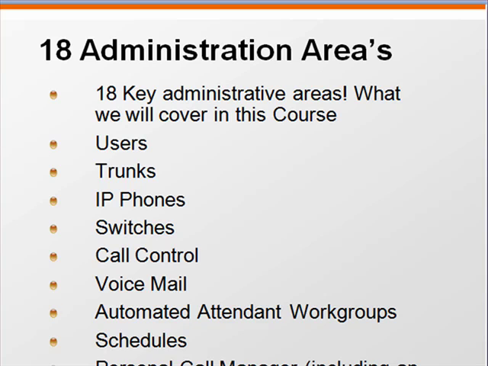And that destination might be a user, so we'll have to configure a user before we can do all of a trunk group. We may need to configure an auto attendant. So we may jump around a bit throughout the video series, but you will in fact have an opportunity to look at all of these areas.